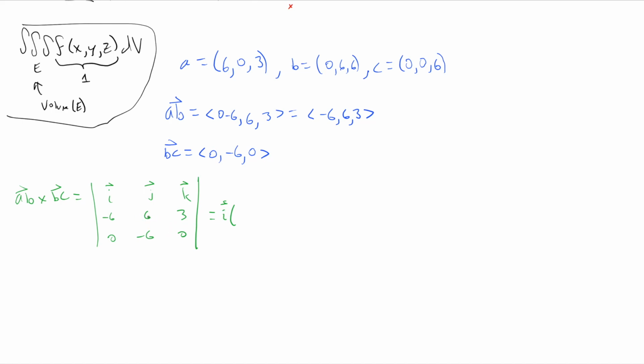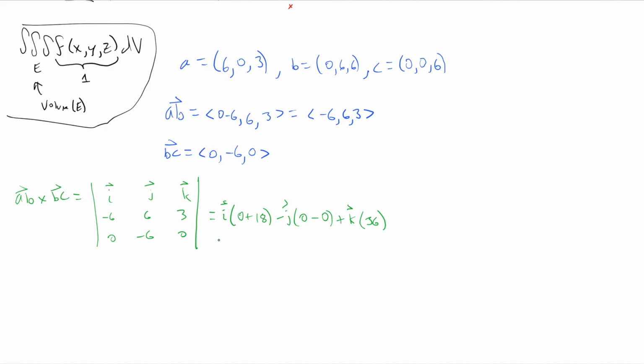i times 6 times 0 minus 3 times -6, so that's just going to be 0 plus 18, minus j. 6 times 0 is 0 minus 3 times 0, which is also 0, no contribution from the y component, because it's 0, plus k. 6 times 6 is 36 minus 0, that's just going to be 0.